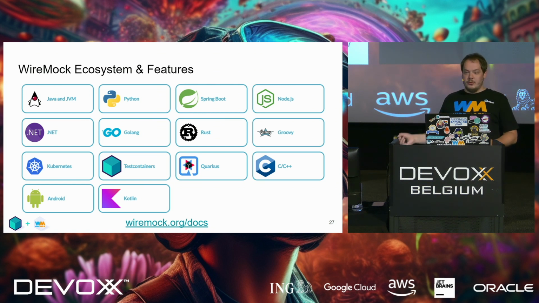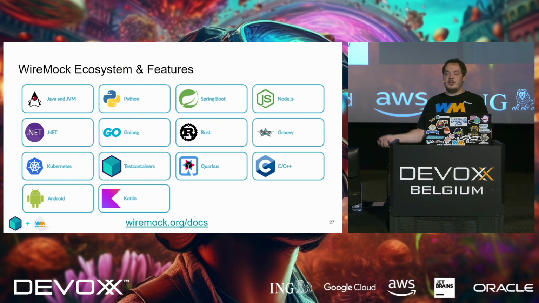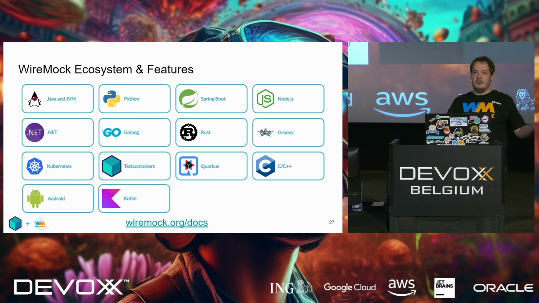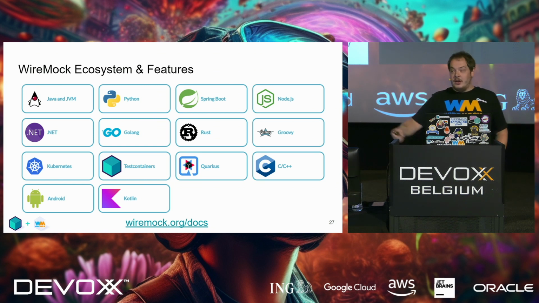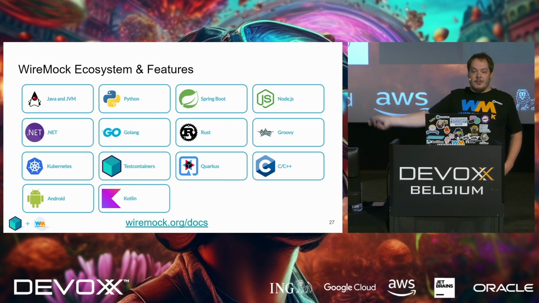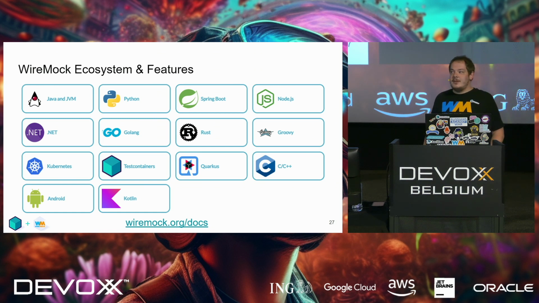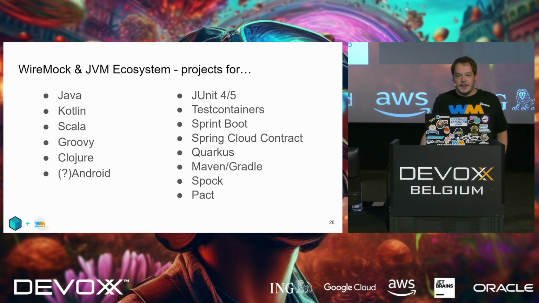You want to write Groovy, you want to write in Scala, there are DSL bindings for you. In Kotlin, the same. Moreover, in Kotlin, there are adapters for testing frameworks such as Kotest that make it possible. In Quarkus, the extension is available. And beyond Java, there are also implementations, for example, for Golang, for Kubernetes, for Android, and even other languages that normally do not have such services.